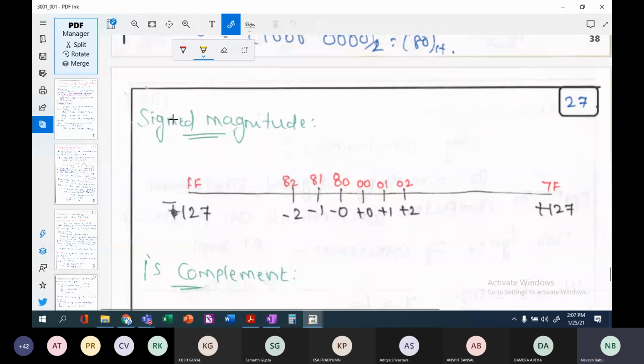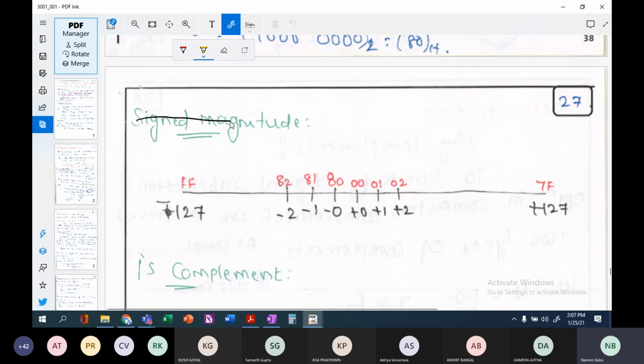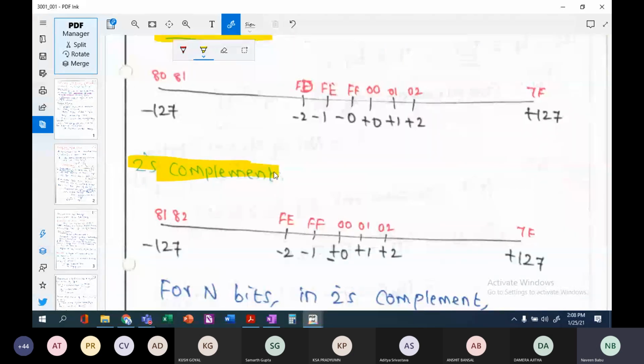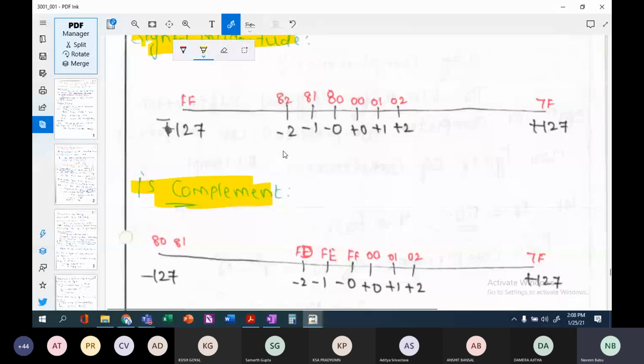One is the signed representation, the second method is the ones complement method, and the third one is the two's complement method. We saw advantages and disadvantages of these methods.